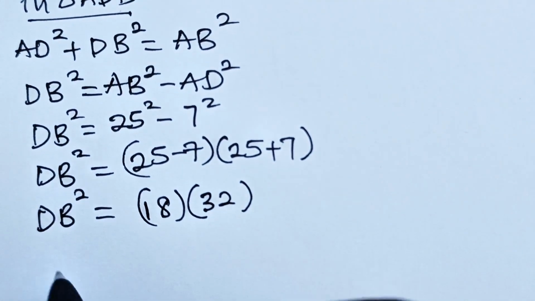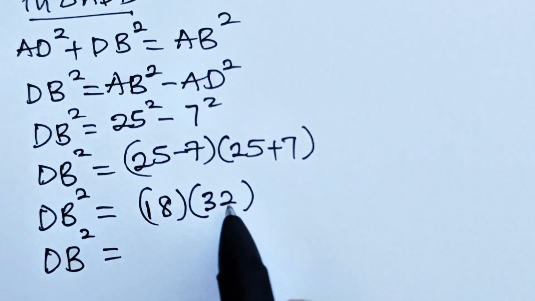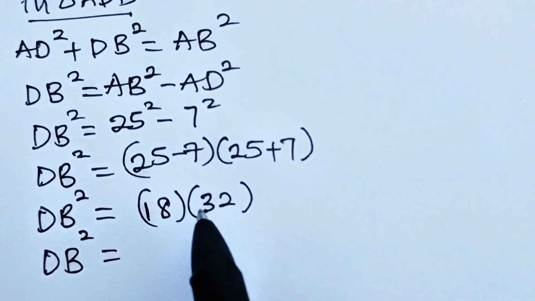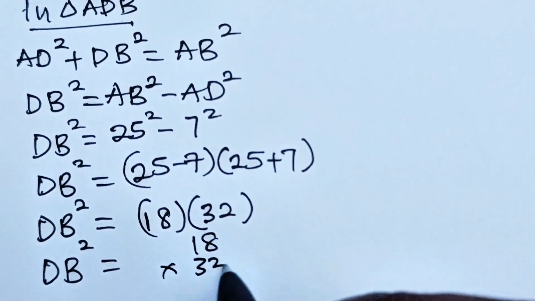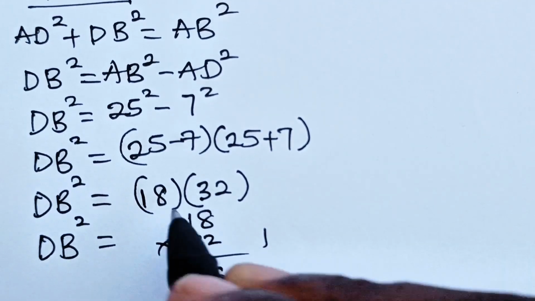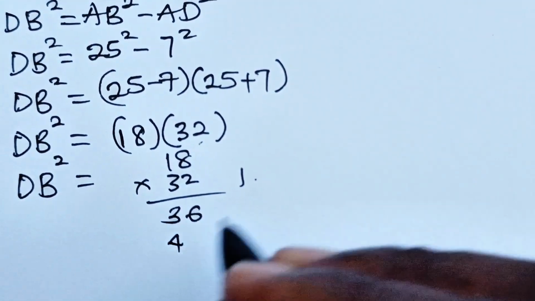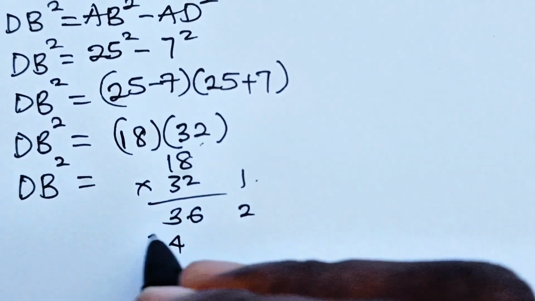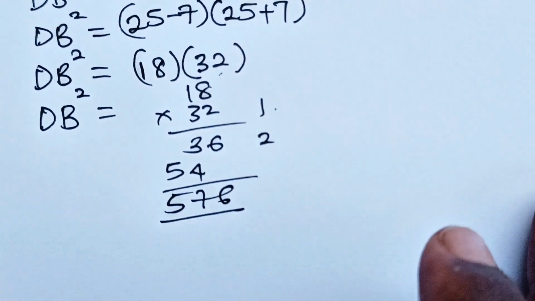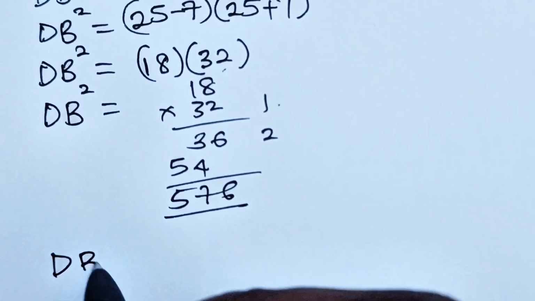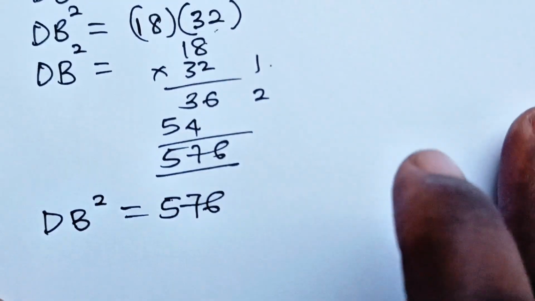So we have DB squared is equal to 18 times 32, let's solve it. 2 times 8 is 16, 2 times 1 is 2, plus 1 is 3. 3 times 8 is 24, carry 2, 3 times 1 is 3, plus 2 is 5. So we have 576, okay? So DB squared is equal to 576.